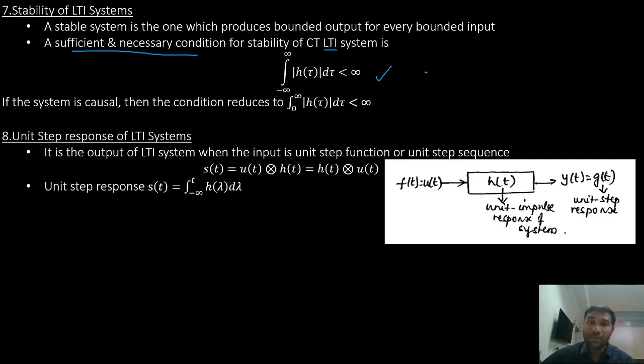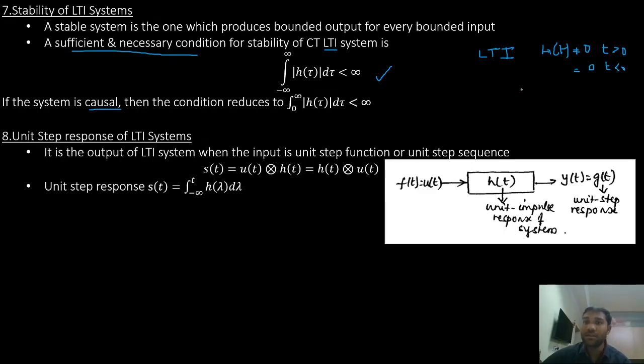In addition, if my LTI system is causal, then what happens to h of t? h of t is not equal to 0 for t greater than 0. It is 0 for t less than 0.